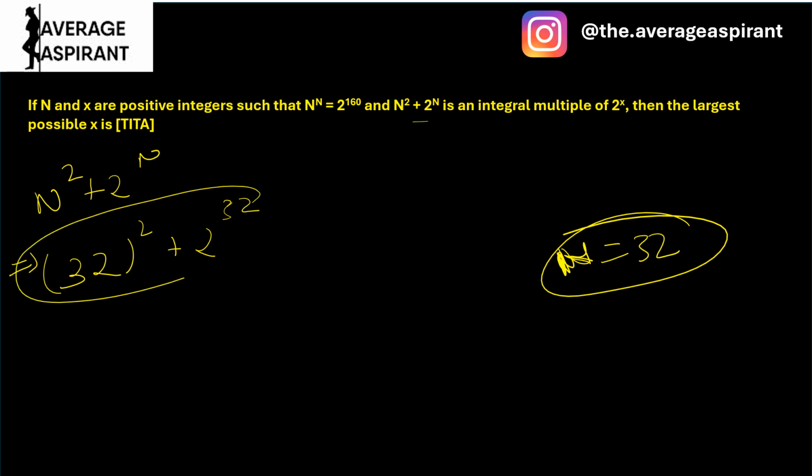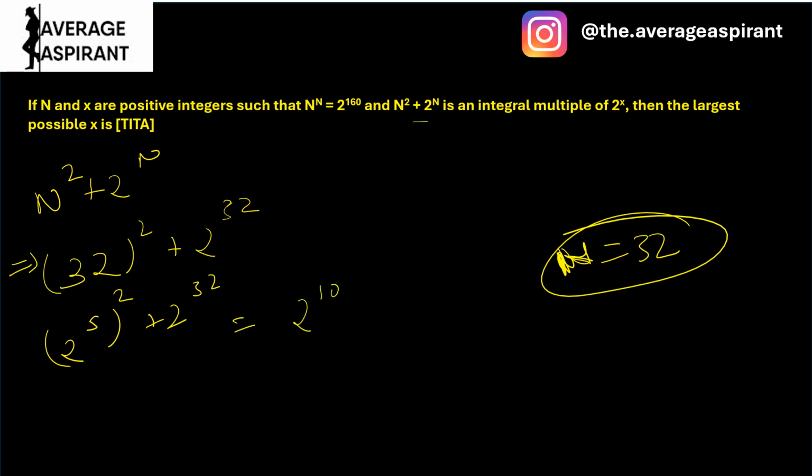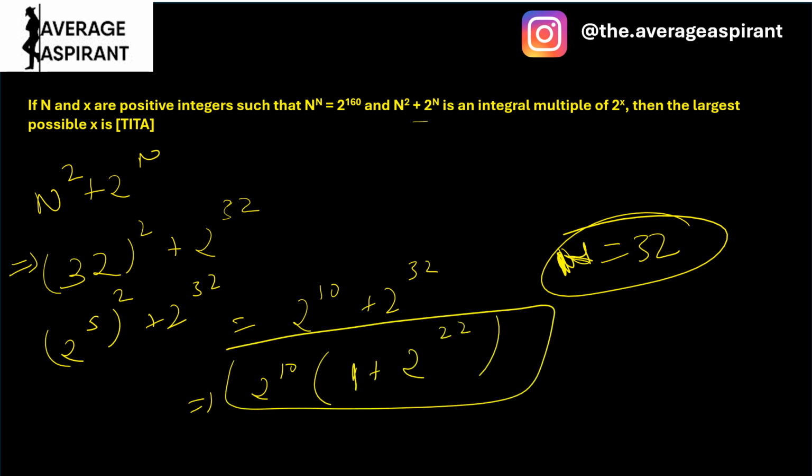So what we can do is find a common factor of 2. If we write this in terms of all 2's, this will be 2 raised to the power 10 plus 2 raised to the power 32. If you take 2 raised to the power 10 common, this will be 1 plus 2 raised to the power 22, right? And we have to divide this by 2 raised to the power x.